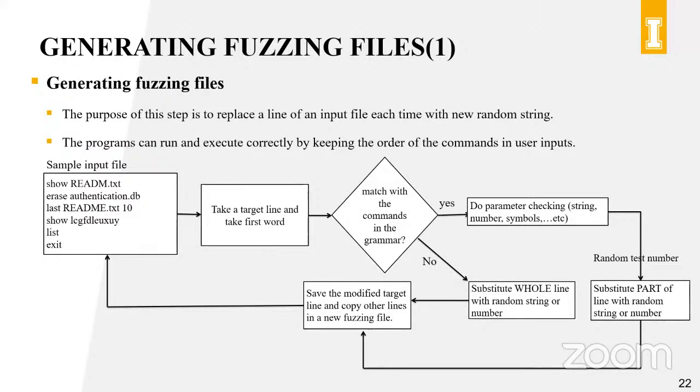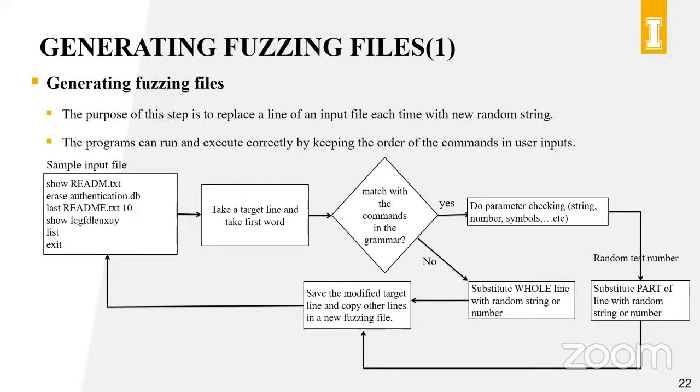As we saw before in the format of the input file, we are going to take it line by line, change the line each time, and then generate a new fuzzing file. So we are going to change the first line with the fuzzing input or fuzzing string. Then we keep the lines after it as they are without any change.